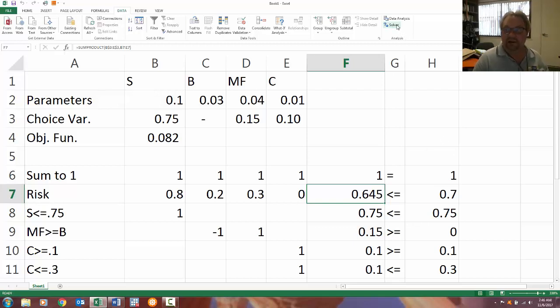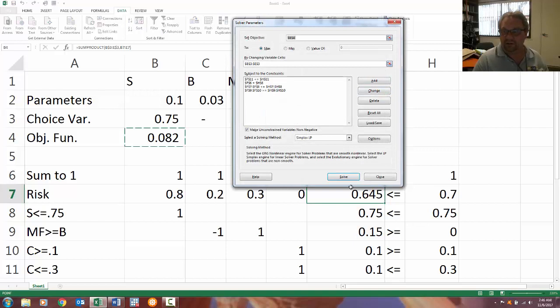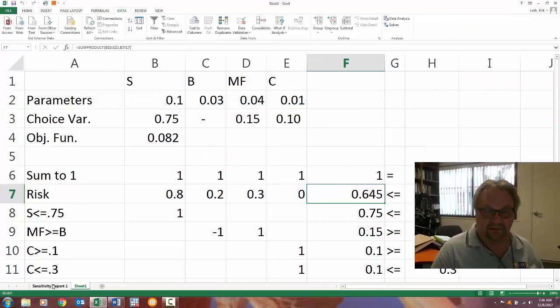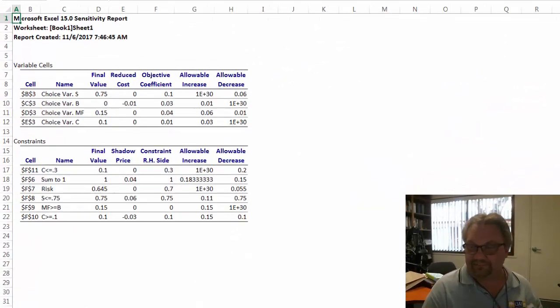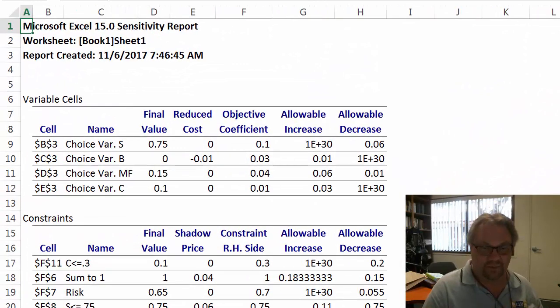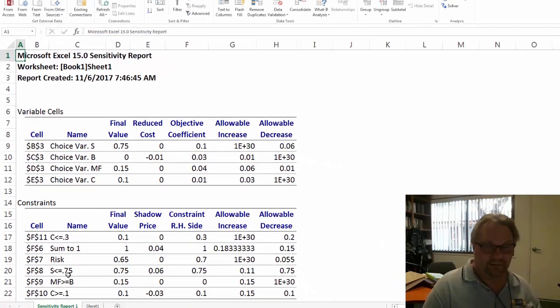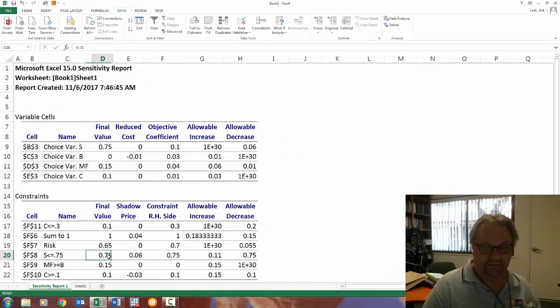So to do that, I need to get my sensitivity report. All right, so I got to take a look at this. Okay, so would this client be interested in having the increase the amount in stocks? So stocks.